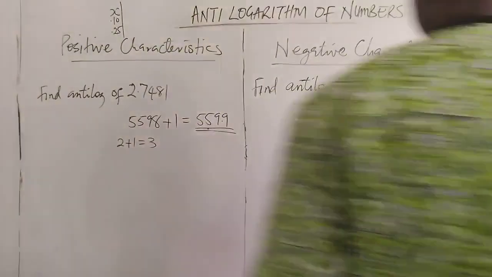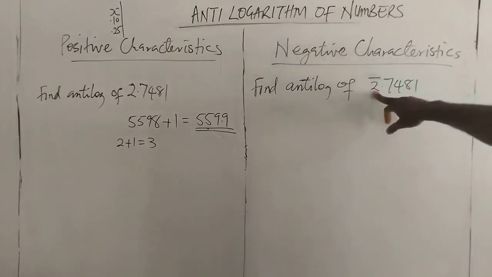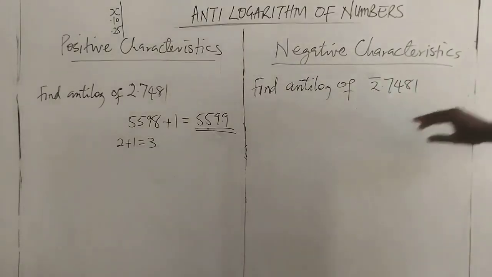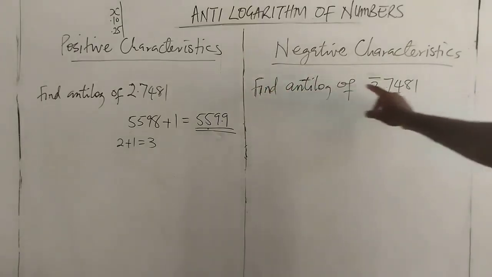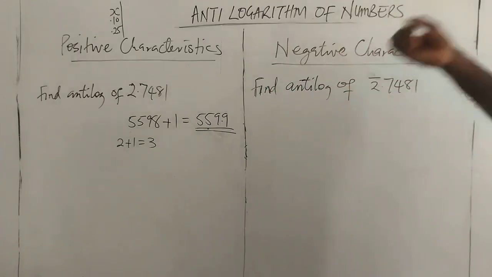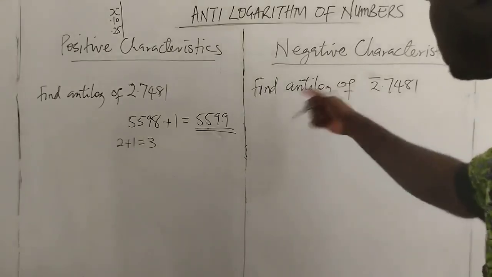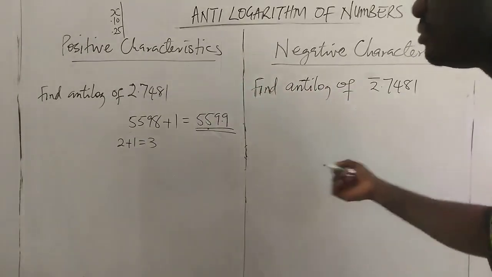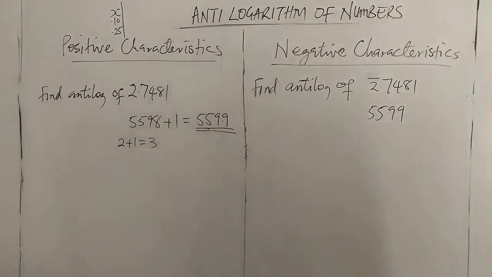For this one, the characteristic is negative, bar 2, and you are asked to find the antilog. Still do the same thing. You start the same way we started here. Use the mantissa to get the value from the antilog table. Because the mantissa is the same, it will still give you 5599. But for the position of the decimal point, that's where the difference lies.